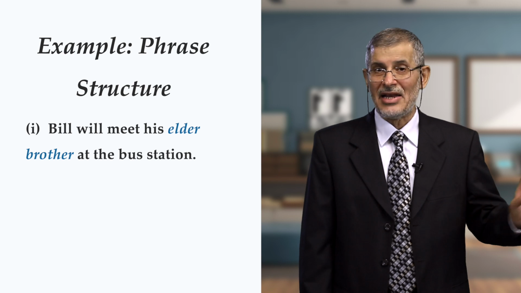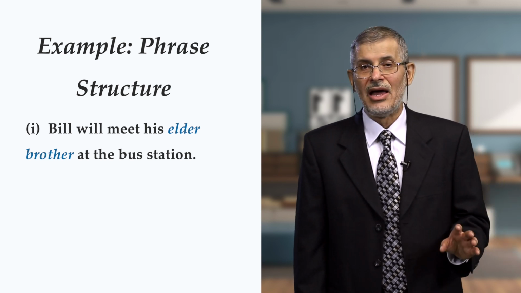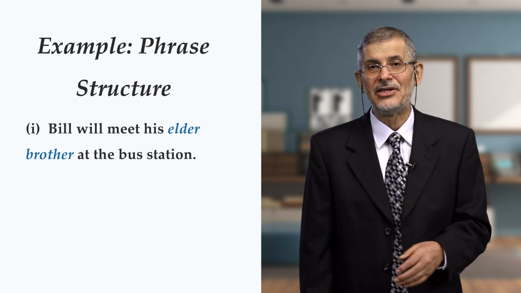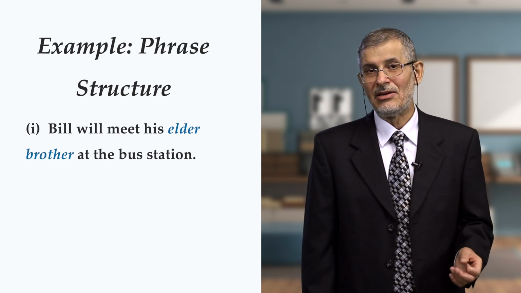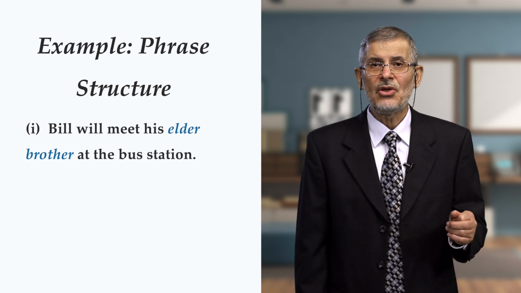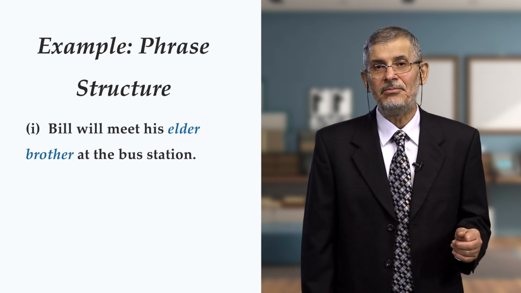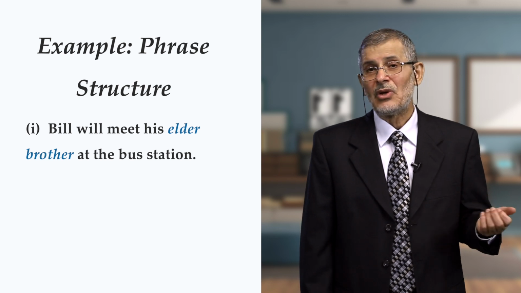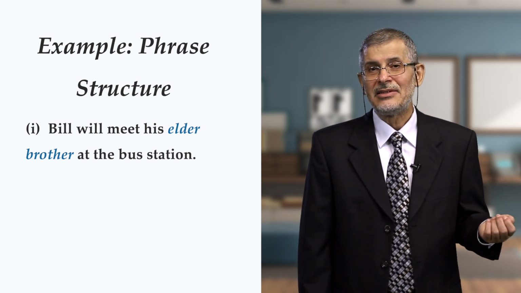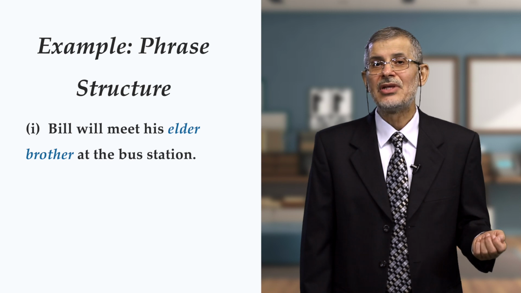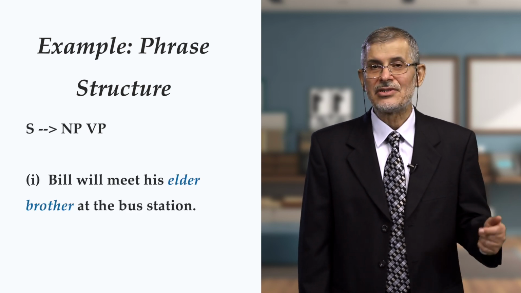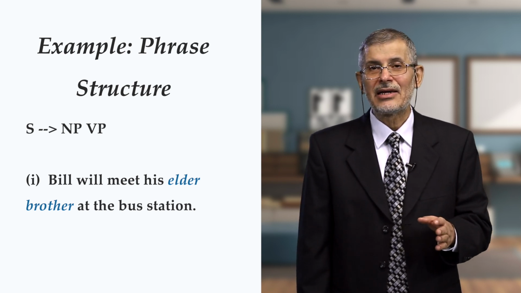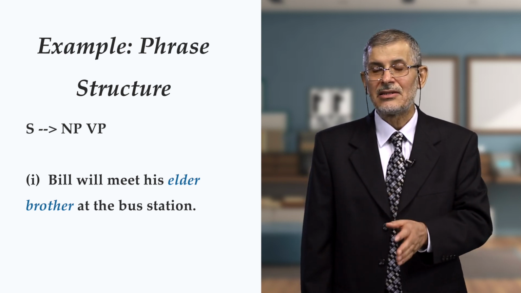Bill being the noun phrase, and will meet his elder brother at the bus station being the verb phrase. So this sentence, if you want to represent it using phrase structure rules, then you could say S for sentence rewrites as, equal to, if you like, noun phrase plus verb phrase.